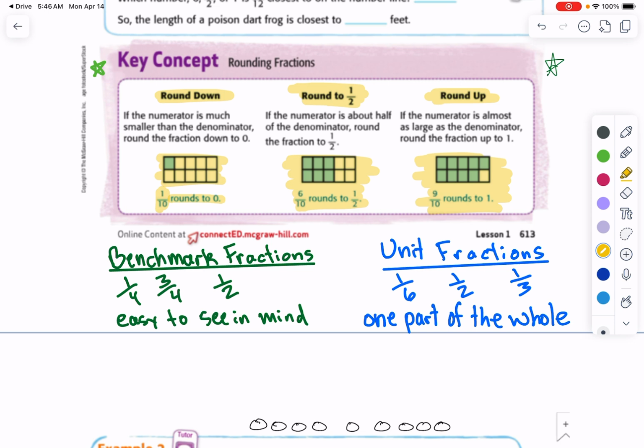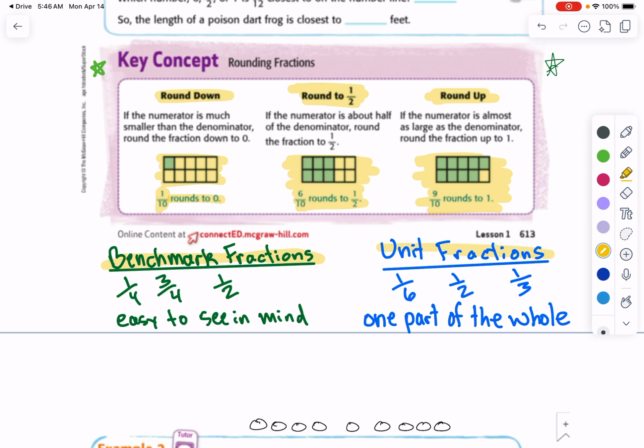Okay, I also want you to write these review definitions or examples, really. A benchmark fraction is a fraction we can easily see or visualize, such as 1/2. I know that if mom shares the cookie, I should cut it in half, right? That's a benchmark fraction. We've been working with it a long time and we're very familiar with it.